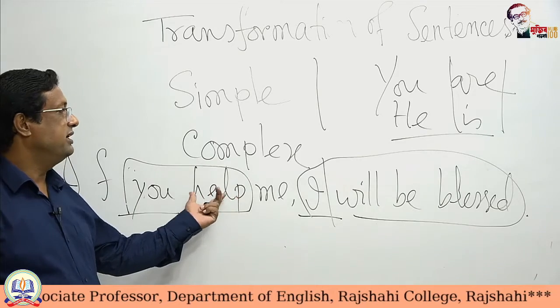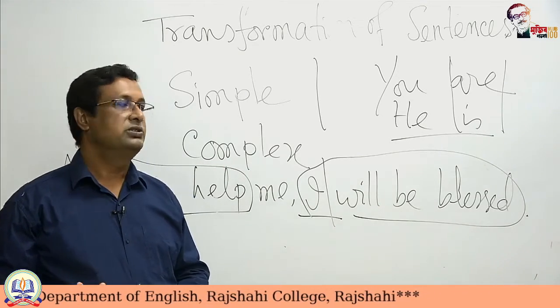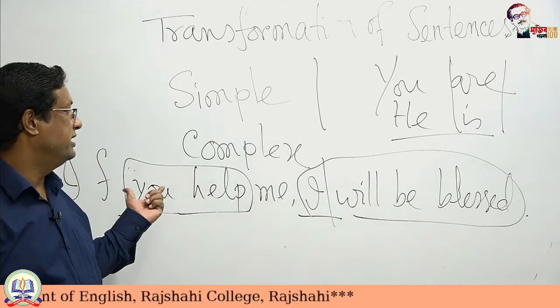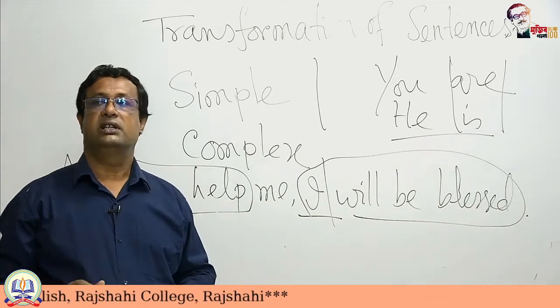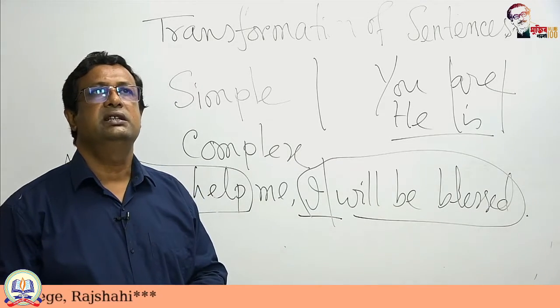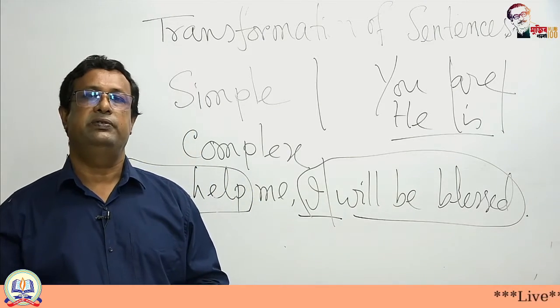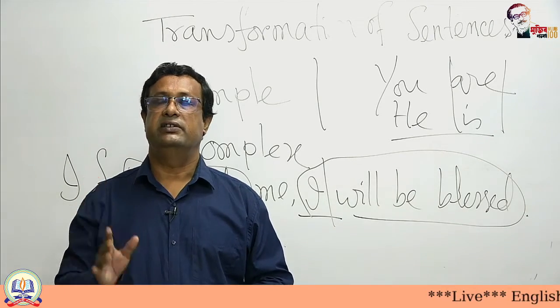In this way, these verbs change. As they change, they are called finite. So we have to count the finite verbs, and we have to count the clauses. Structural changing is very easy if you know finite verbs.